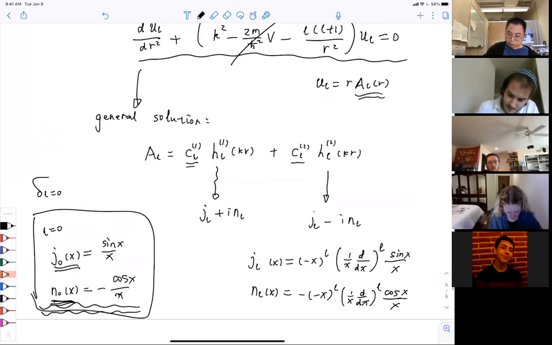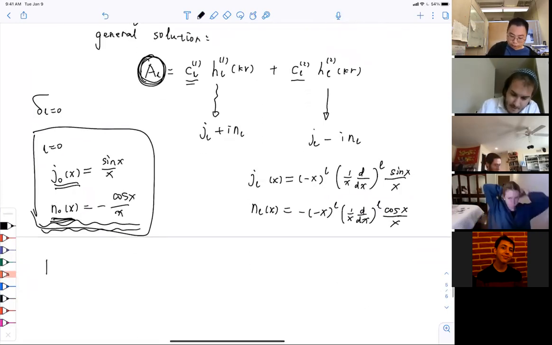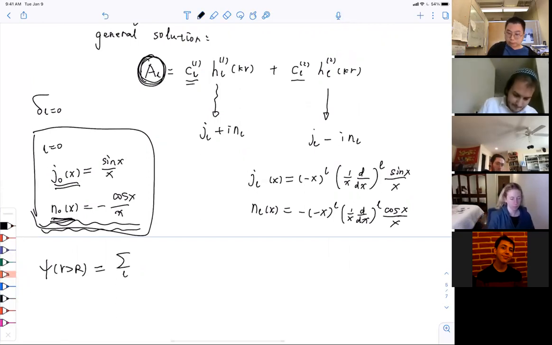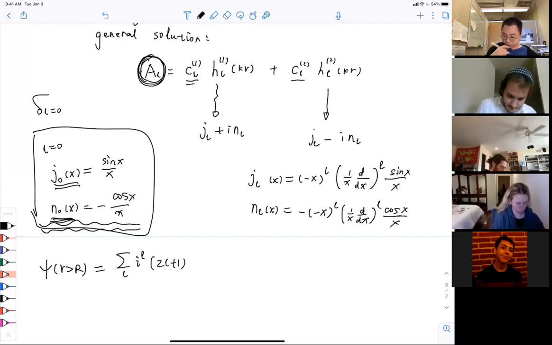Then, because we know the radial wave function, we can write down the general solution for r larger than capital R. There are some prefactors determined by matching with the plane wave solution, but let's forget about that.